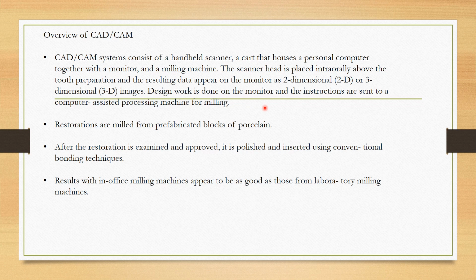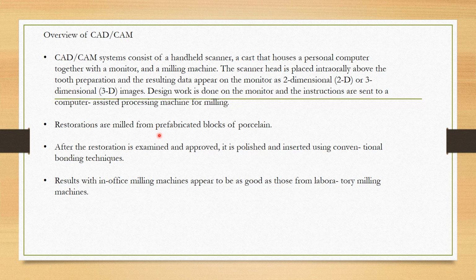Instructions can be sent to the computer-assisted processing machine for milling. So everything can be done by the computer, and it can be milled in the milling machine. It does not have to involve anyone physically pouring the cast, or you having to give instructions to a person. So everything is basically done by the machine, and all the instructions are taken by the machine.